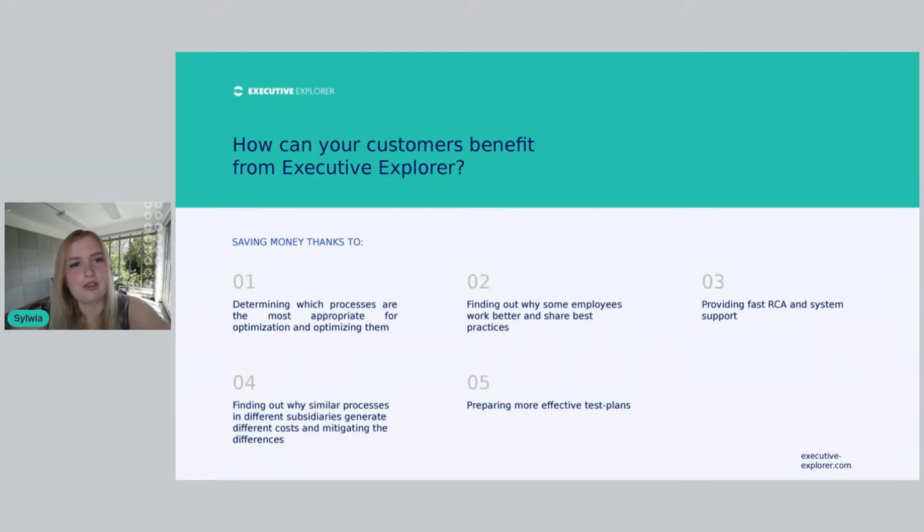So you can just go to Executive Explorer, find the process you want, and just with one click of the mouse, you might generate a template of this process and upload it to Executive Explorer for recording. So there is great support regarding not only preparing test plans, but also conducting them. So just to make it faster.